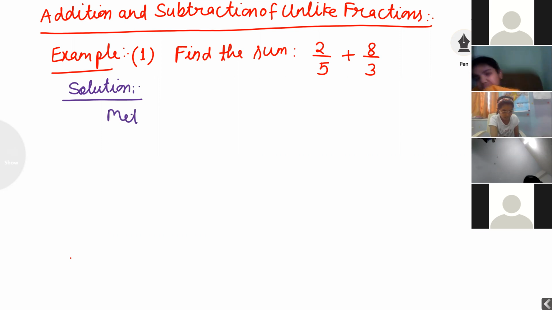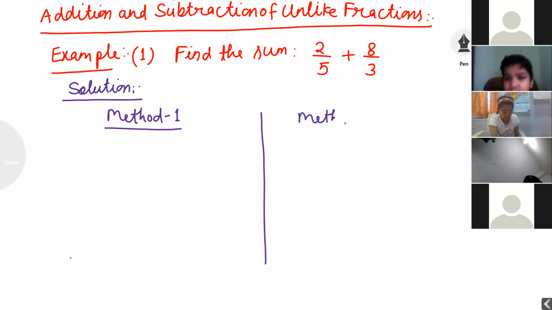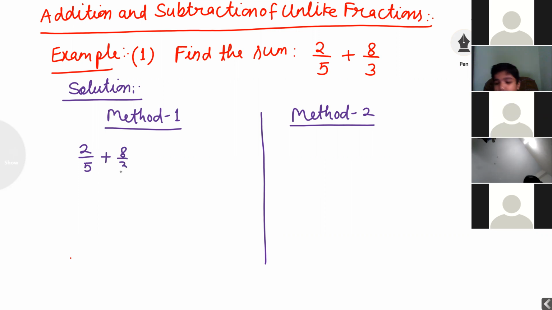Method first. Method second. Now, the first method I am going to explain using cross multiplication. 2 by 5 plus 8 by 3.